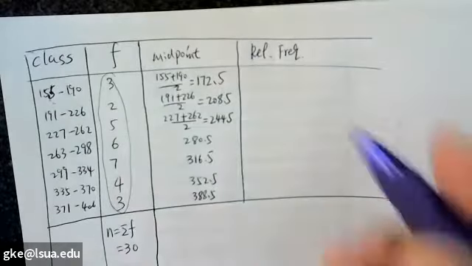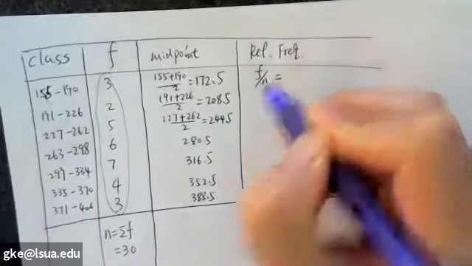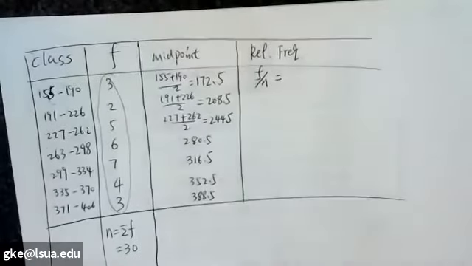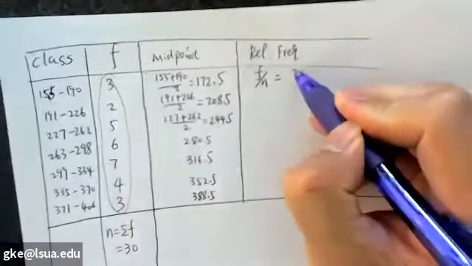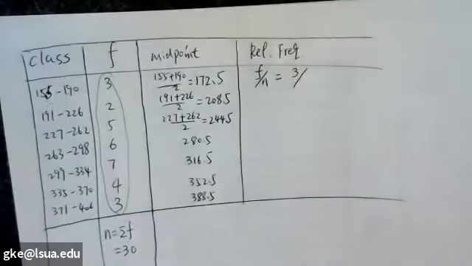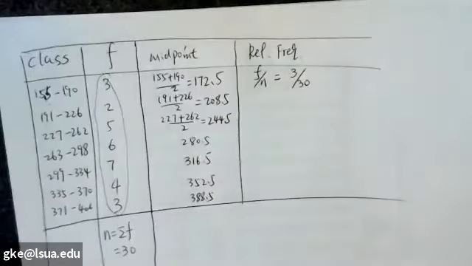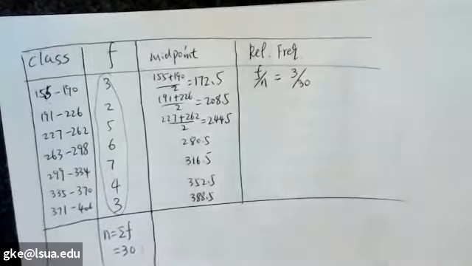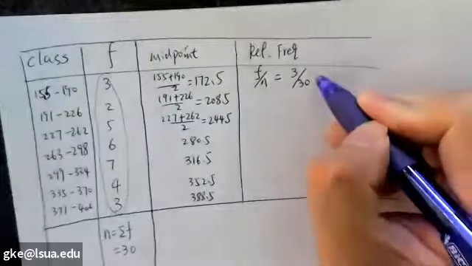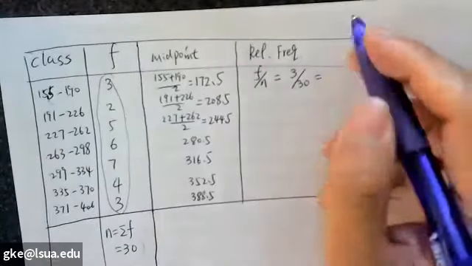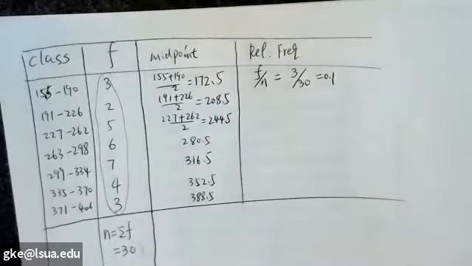Now, the relative frequency is F divided by N, the class frequency divided by N. Here the frequency is 3 and the sample size is 30. F divided by N, use your calculator, and you're going to get 0.1.